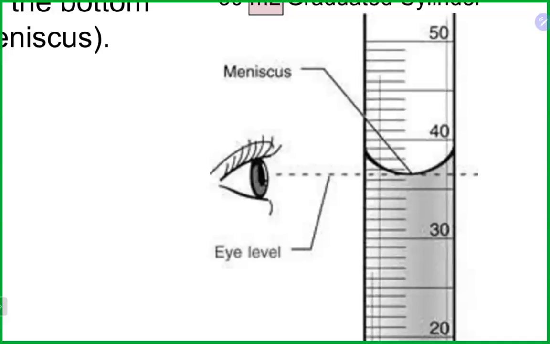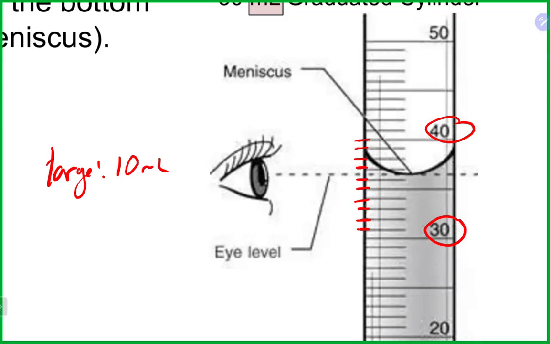We still want to look at our scaling here. The big marking right there is 30. That is 40. So our large markings in this case are 10 milliliters. We count our smaller markings: 1, 2, 3, 4, 5, 6, 7, 8, 9, and 10.